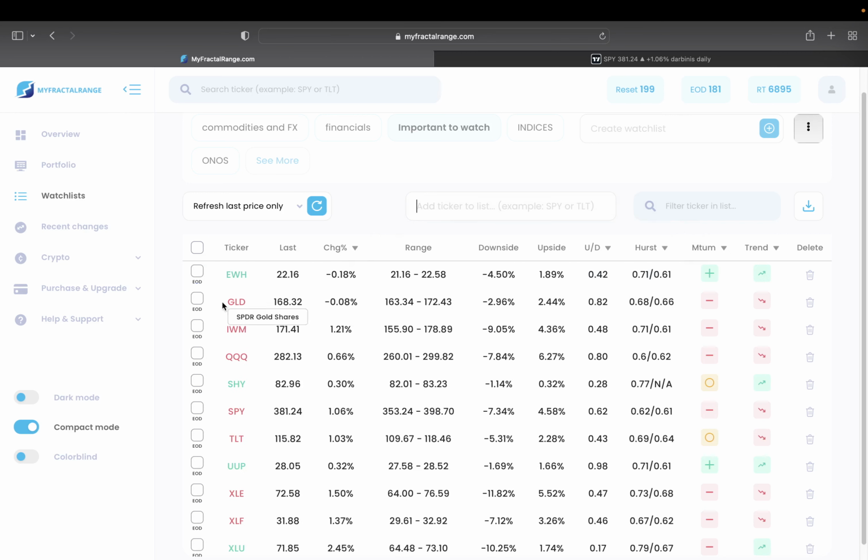So okay, EWH is bullish, upside downside ratio is not very high, so there's always a chance that it will correct a bit, but it's fine because I see that it has 0.71 on a 3-month Hurst exponent, and I made a video explaining Hurst 1 day ago.